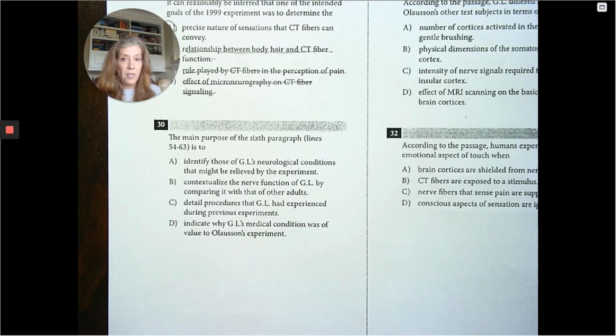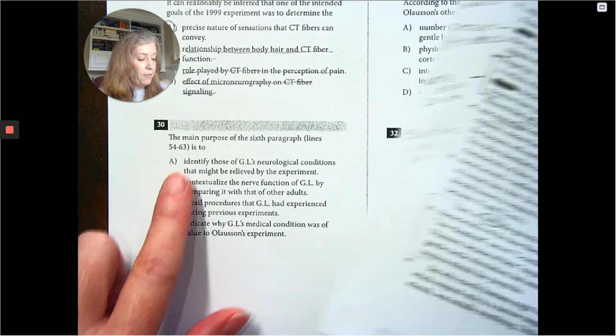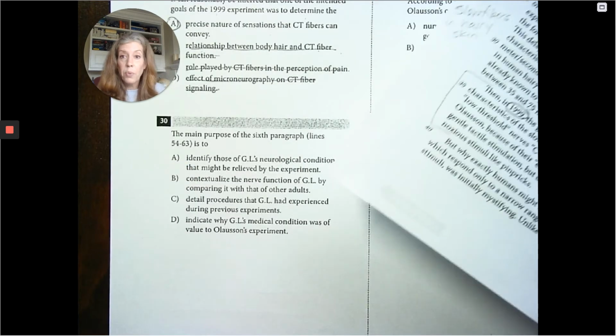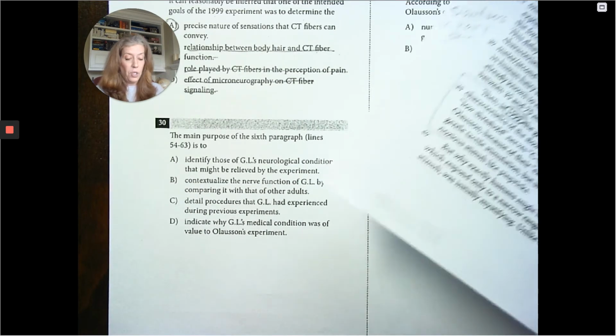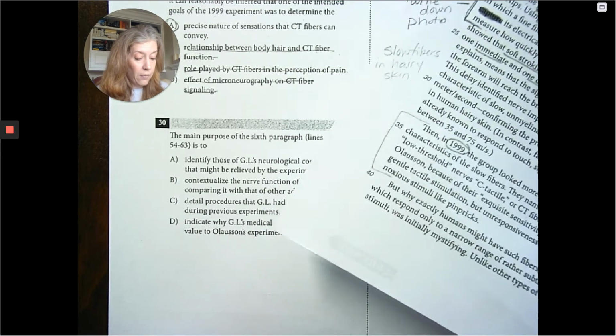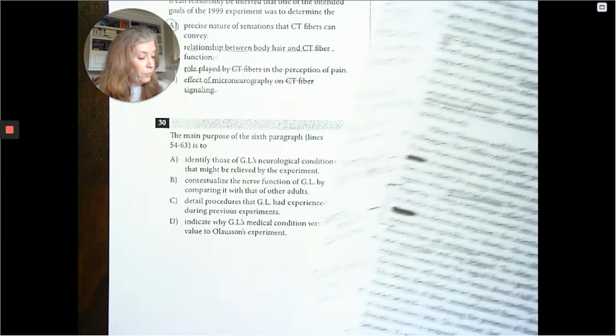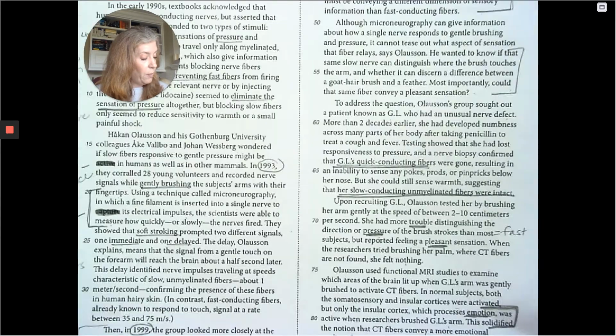The main purpose of the sixth paragraph, lines 54 to 63, is to... I don't want to reread it. I want to just look back very quickly to scan it and see 54 to 60.